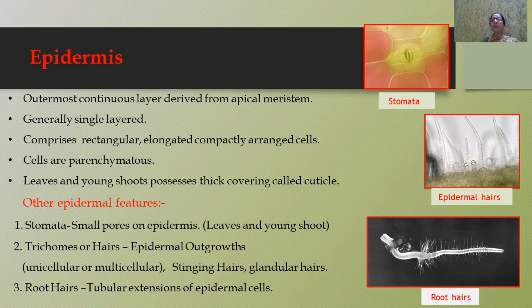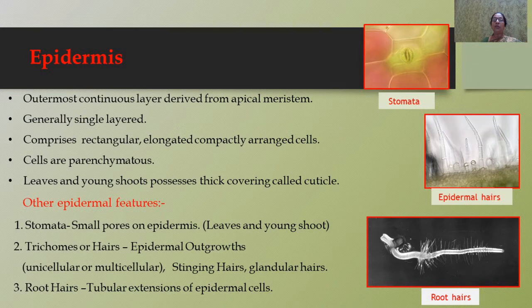In the stem we call the outermost layer the epidermis, while in the root we call it the epiblema. It comprises cells that are very simple in structure: parenchymatous, rectangular, elongated, compactly arranged cells.